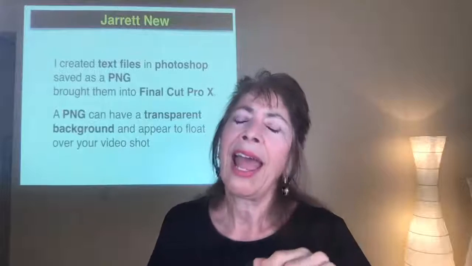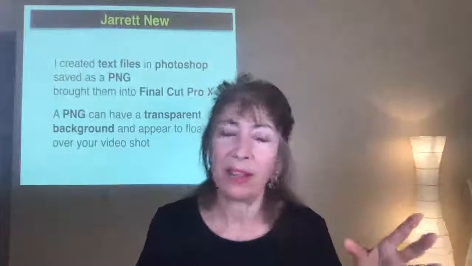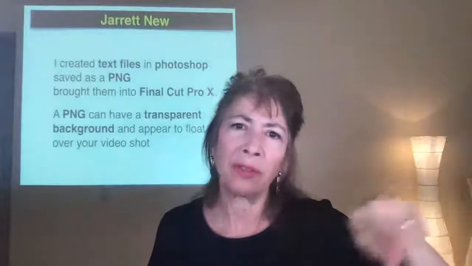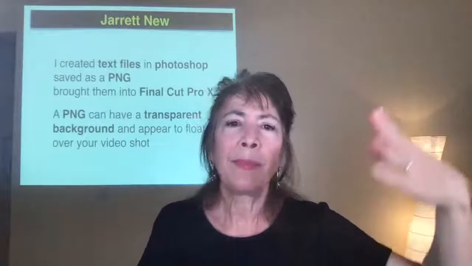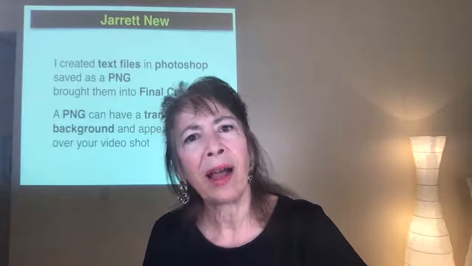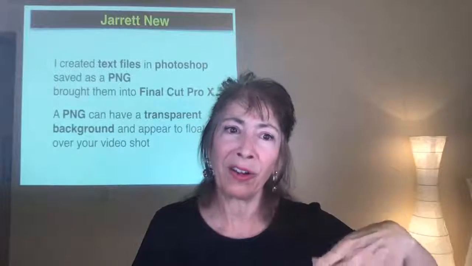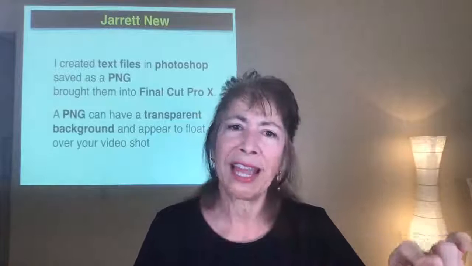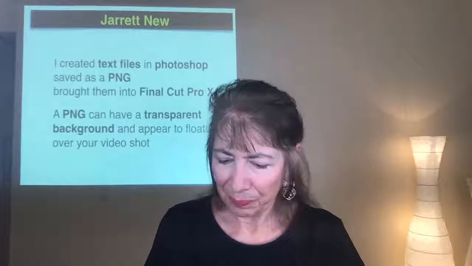The reason he made a PNG file as opposed to a JPEG or a GIF is because a PNG file allows the background to be completely transparent. So he put the text over a transparent background, exported it as a PNG file, brought it into his video, and put it over the grooves of the record. And it was completely transparent, and all you saw was the text over the grooves. You can do the same thing by just layering text.